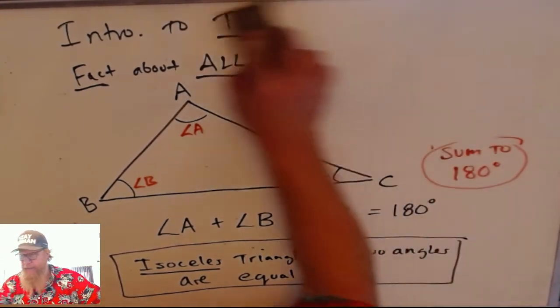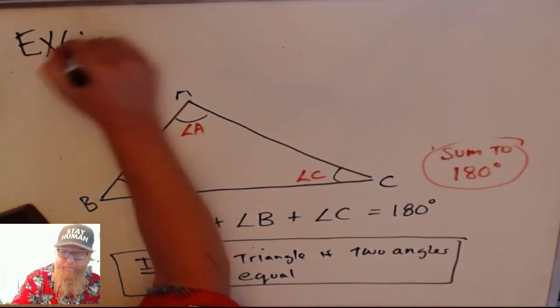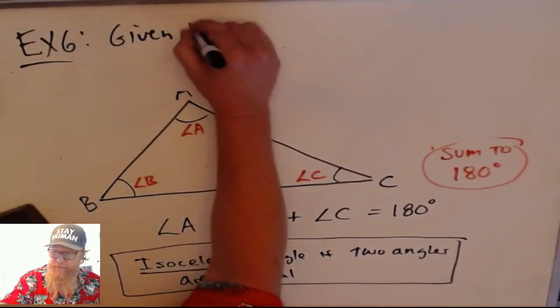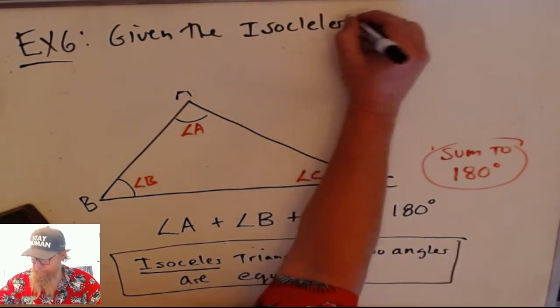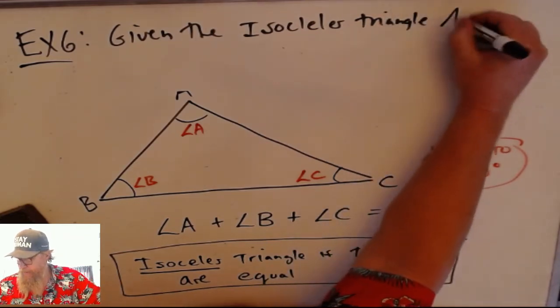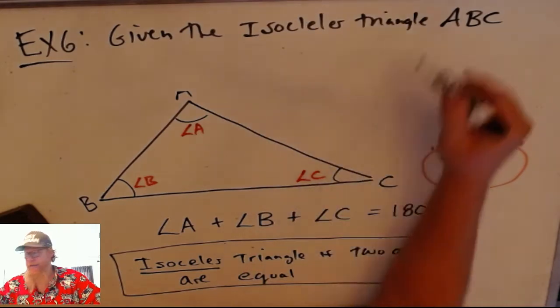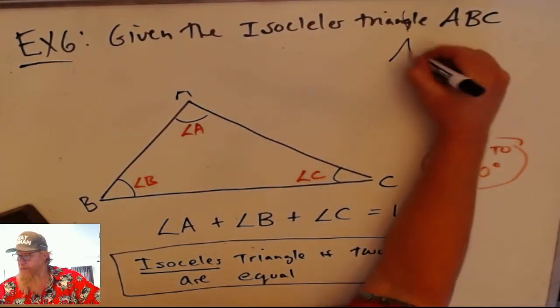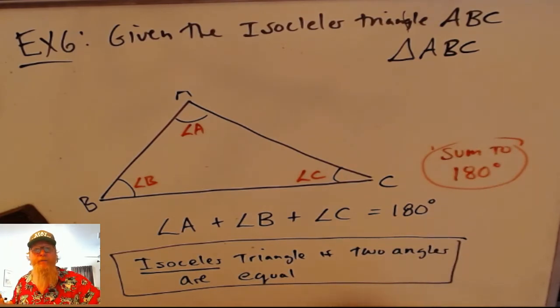So let's do example 6. Given the isosceles triangle ABC. Some people use a triangle symbol here like this, I just say the word triangle.